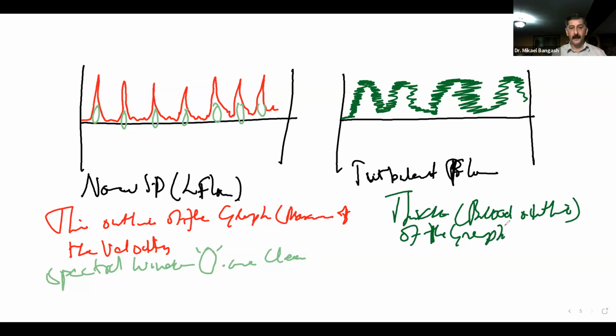And what we also will have is that the spectral windows are going to be unclear, mainly because they're going to be polluted with a lot of white dots, like this.